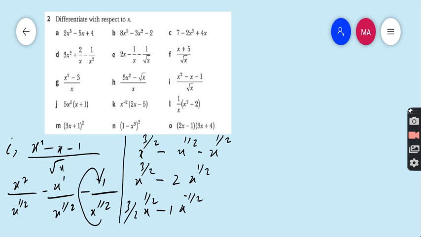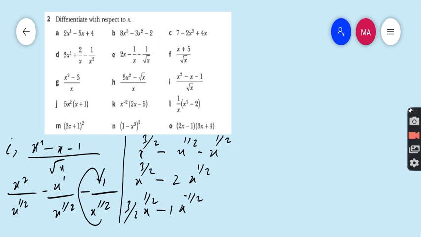No. I will check all parts again. What is the answer of part I? 3 upon 2 x to the power 1 upon 2 minus... something is wrong in part I. x square minus x minus 1 upon root x: x square upon x half, minus x upon x half, minus 1 upon x half.